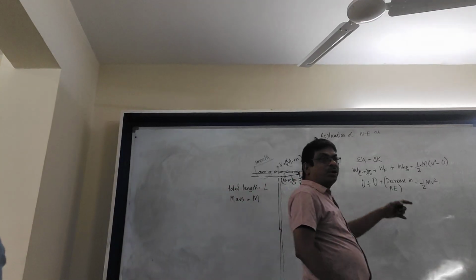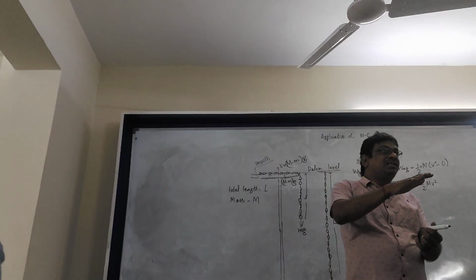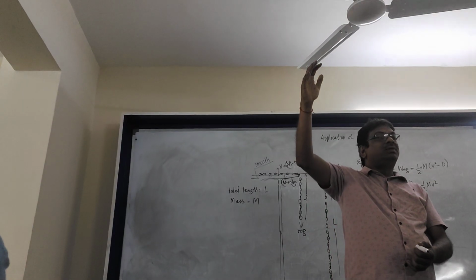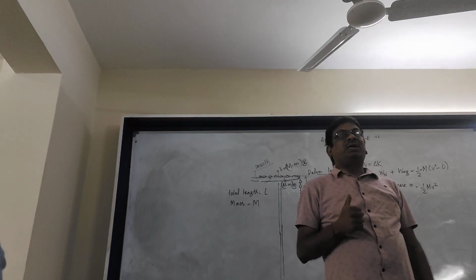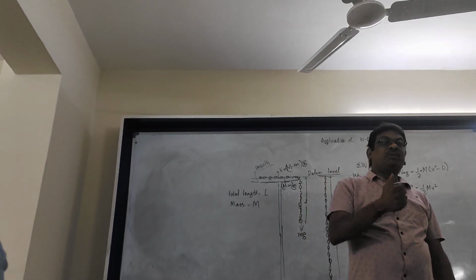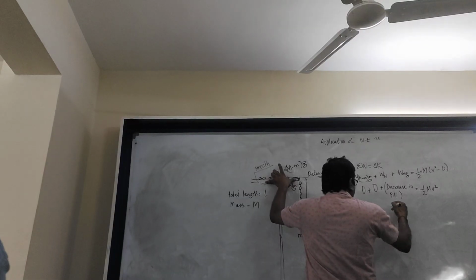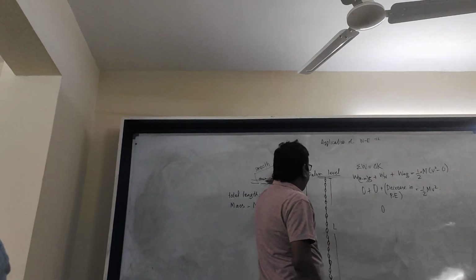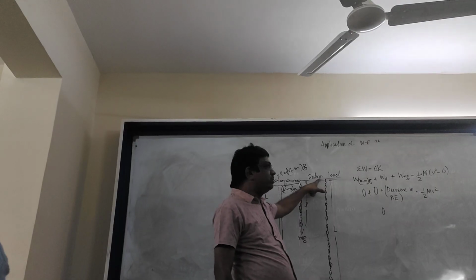So decrease in potential energy is initial minus final. Whenever it is decreased, that means initially it was more. Change will be final minus initial, but here we want a positive value. So a positive value means decrease, which means initial minus final. Initially this part had 0 potential energy because it was already at the datum level. Potential energy at the datum level is 0.